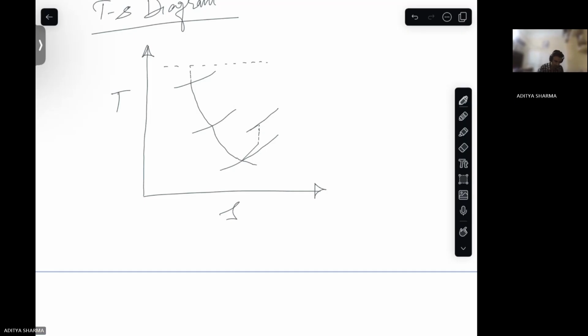This is 1, this is 2. From 1 to 2, you have your nozzle ring. 2 to 3, you have your impeller.